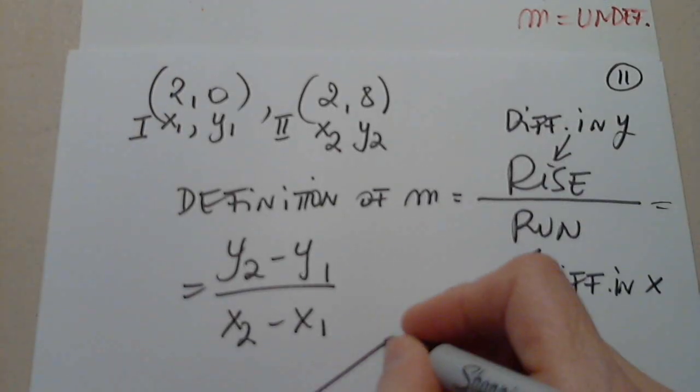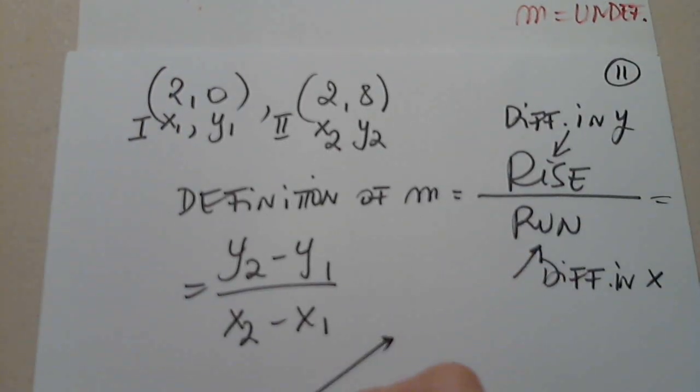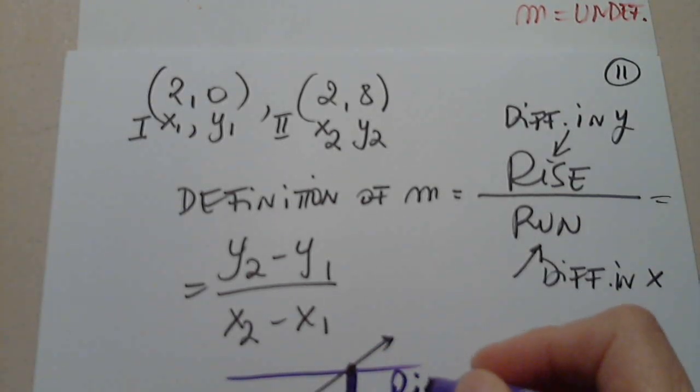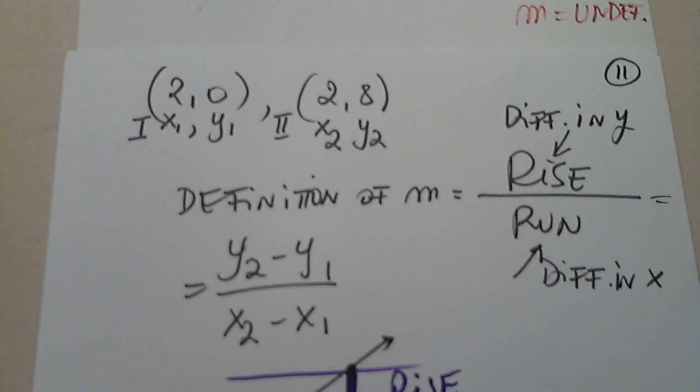So in other words, when I look at this line, from this point till this point, I went up this much. This is the rise. And I went to the right, in this case, this much.